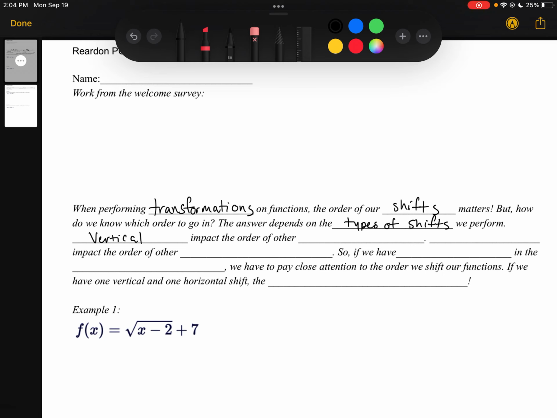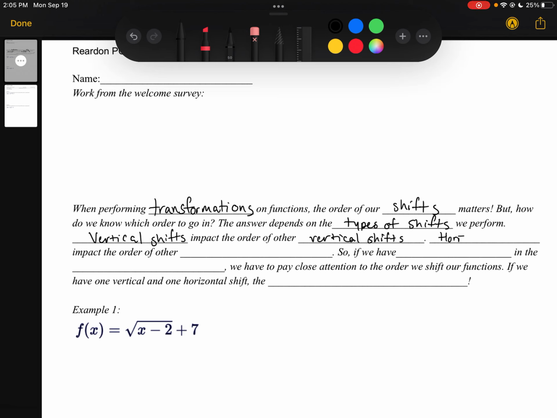So vertical shifts impact the order of other vertical shifts. So if you see multiple things going up and down, multiple vertical orientation changes, the order of those matters. If you do them in the wrong order, it's going to give you a different result.